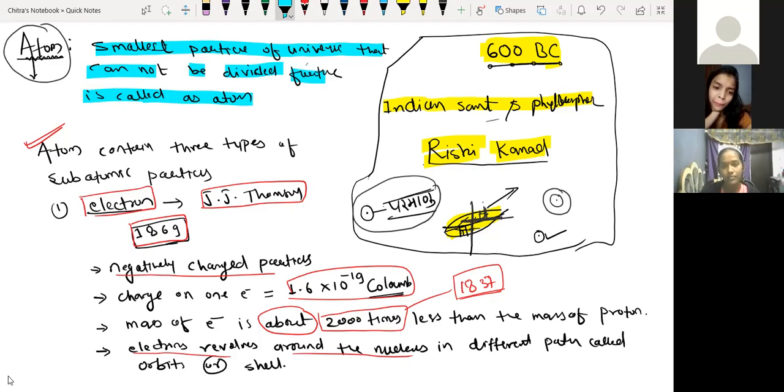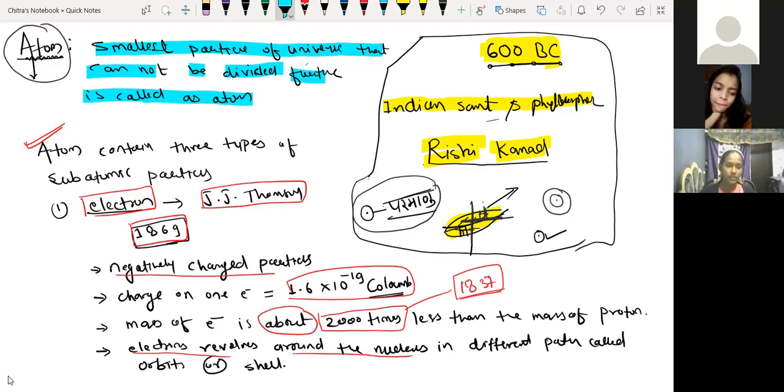Many scientists came and explained different theories regarding the atom, and they discovered subatomic particles. The atom is an indivisible particle, but it still has subatomic particles, and these are called electron, proton, and neutron.